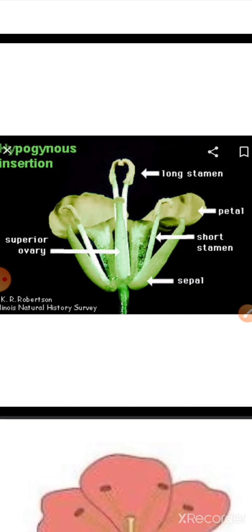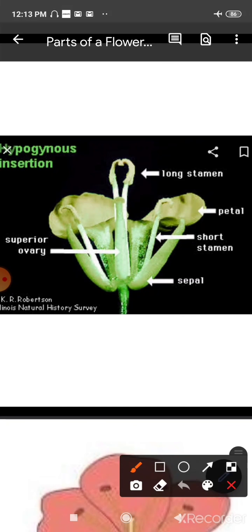Here you can see the diagram of a hypogynous flower. You will see here that all the other floral parts are arising below the ovary. Here the ovary is superior. We call this kind of an ovary superior ovary. This is the thalamus, sepals, you can see the androecium, and you can see the petals also, which are arising from below.